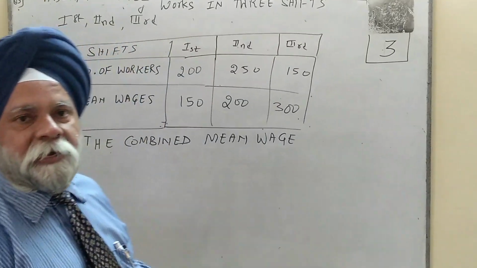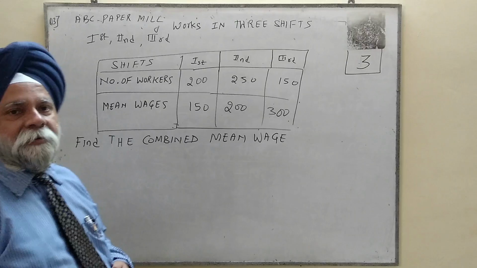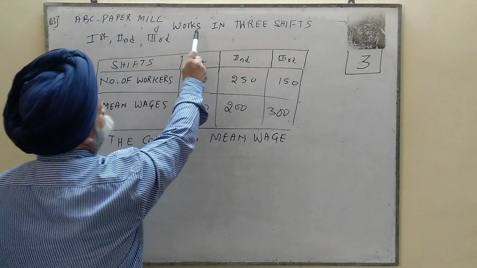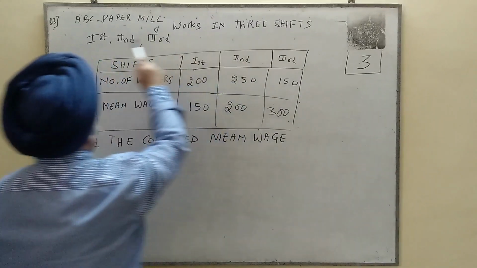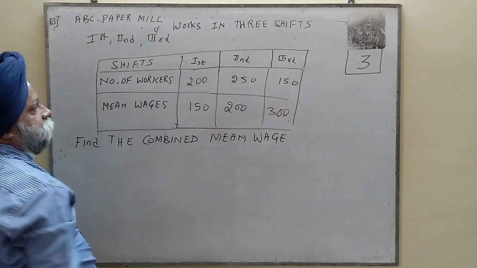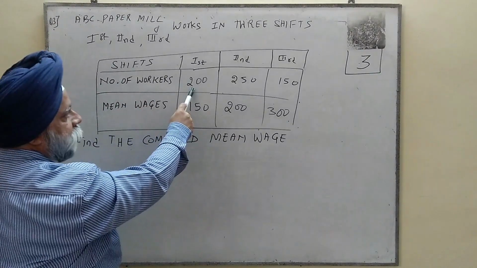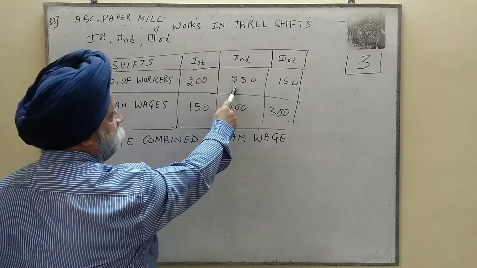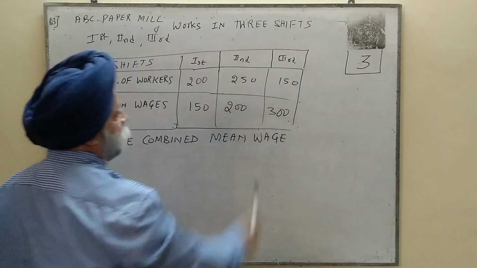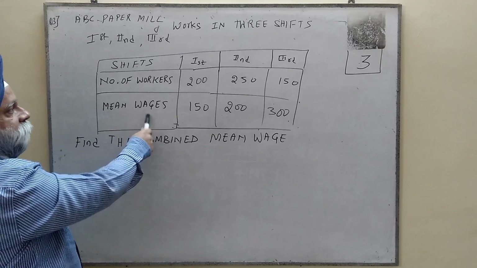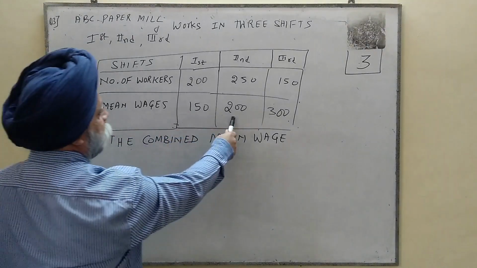Now let us take one example to understand combined mean. An ABC paper mill works in three shifts, first, second and third. The number of workers in the first shift is 200, second shift is 250 and third shift is 150. Mean wages are 150, 200 and 300.